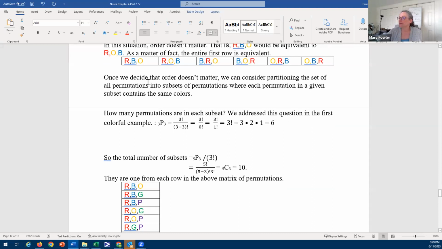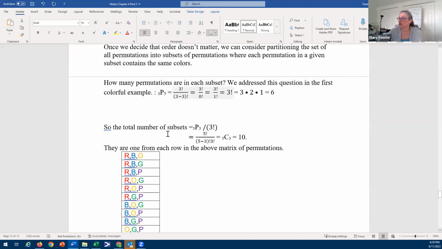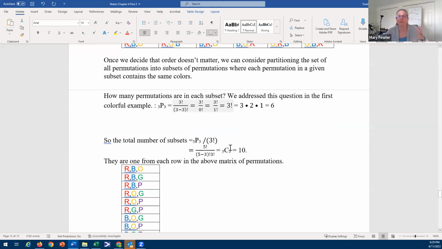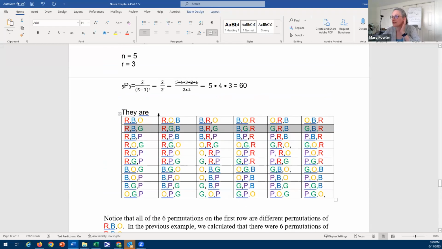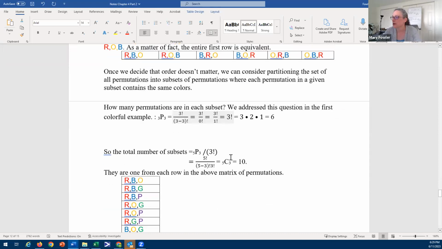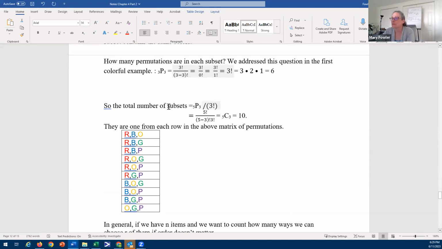So the total number of subsets or the combinations of 3 colors is going to be your 5 permute 3 or 5P3 divided by 6, the number of columns here. So the number of ways of permuting 3 markers, 3 factorial. Okay, so what we have then is the total number of combinations is going to be 5P3 divided by 3 factorial, and we have a new piece of notation for that.